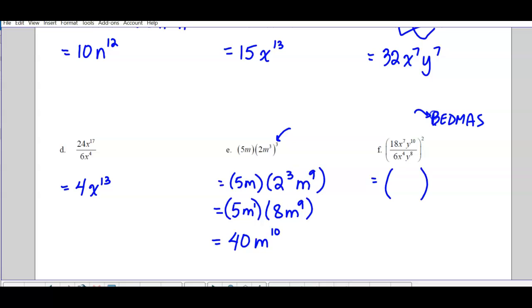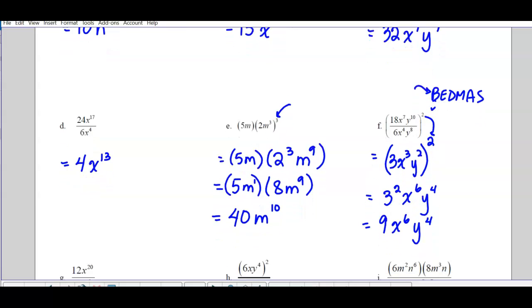Inside this division question, we get 3 x cubed y squared, okay? Then that 2 stays outside, so we're doing inside the brackets first. Now we'll do the exponent outside, so everything gets raised to the exponent 2, and then evaluate the coefficient in front, okay?